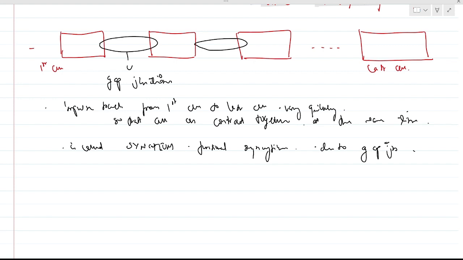It is due to this gap junction in between the myocardial cells. A gap junction requires connexin proteins.